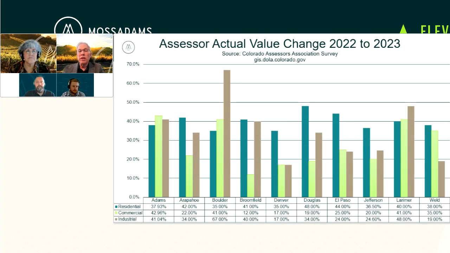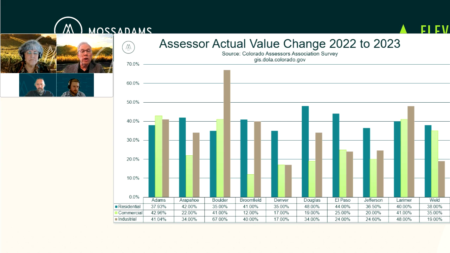So let's look and see what the assessors did during the last reappraisal, which was 2023. At the bottom of the graph, you see 10 counties, and they are Denver metro counties, as well as El Paso County, which is Colorado Springs to the south, and Larimer County, which is Fort Collins to the north.